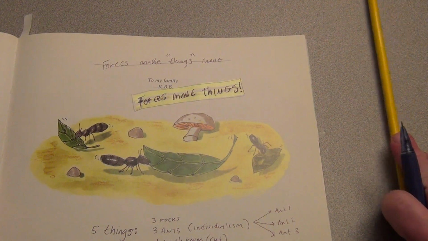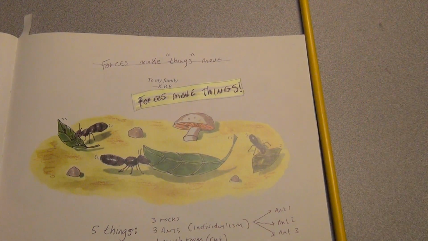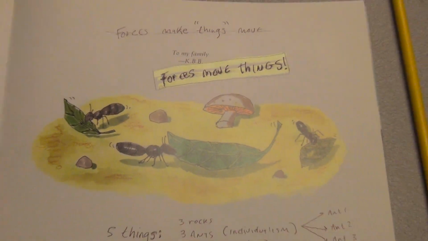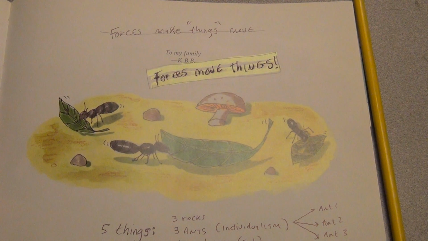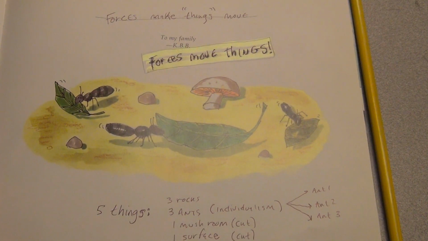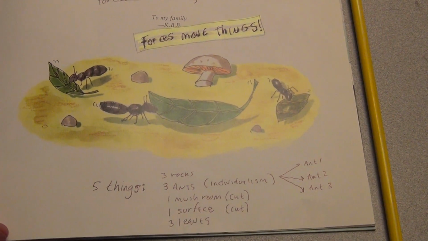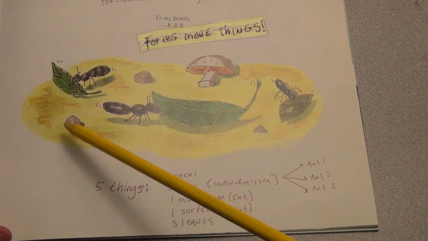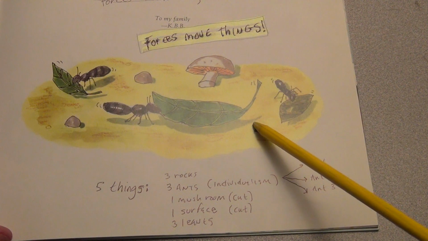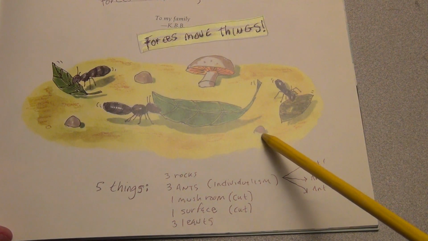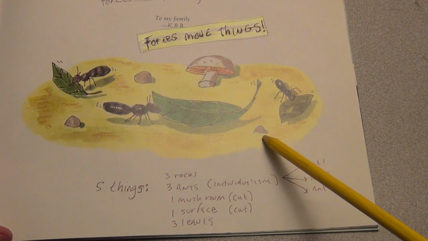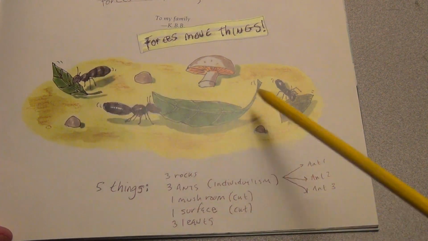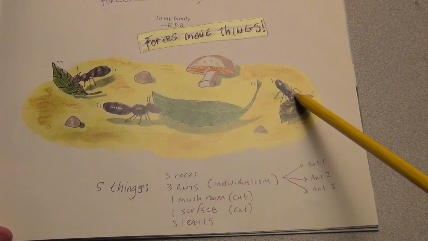Now here we are with a very simple diagram. We have 3 rocks which are not moving, or what we call inanimate. We have 3 ants which are moving around, which are like little children.